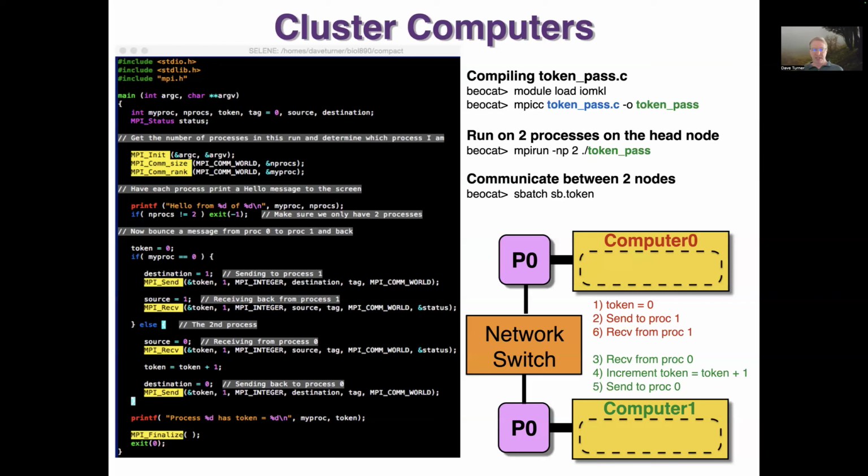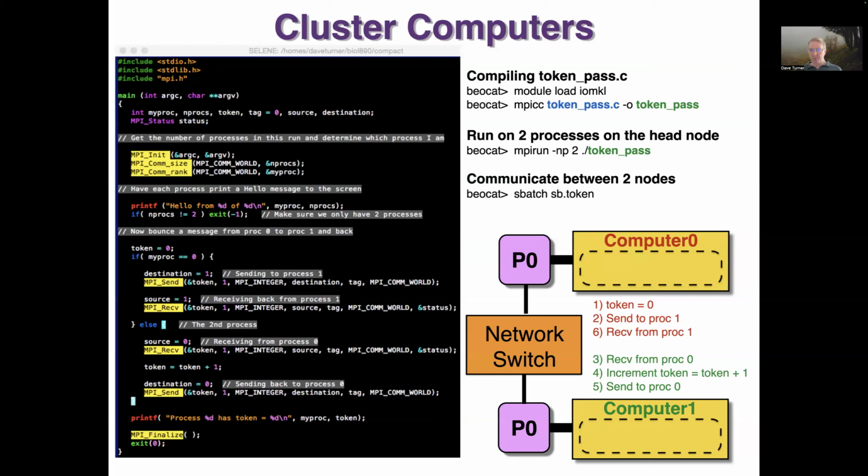But that's going to be a number from 0 to nprocs minus 1, and each copy of the code is going to have that be different. That's how your program is going to operate on a different section of the data. So you as the programmer have to decide how the data gets divided up, and that's all done based on that element.